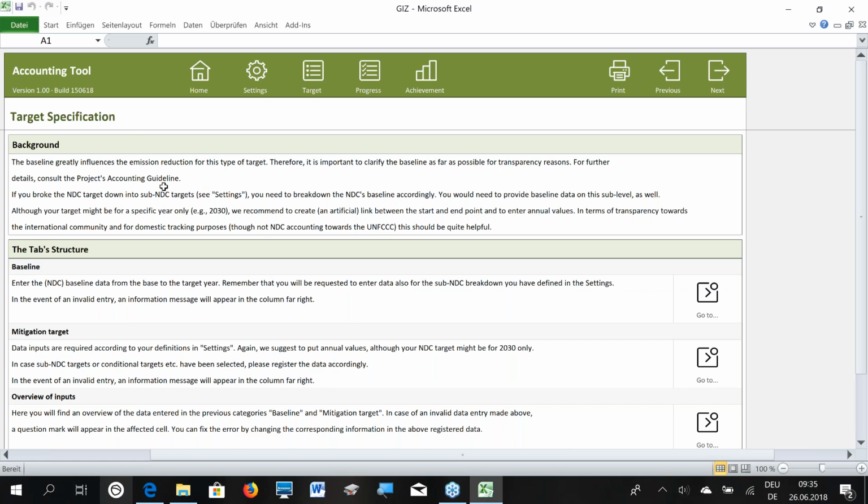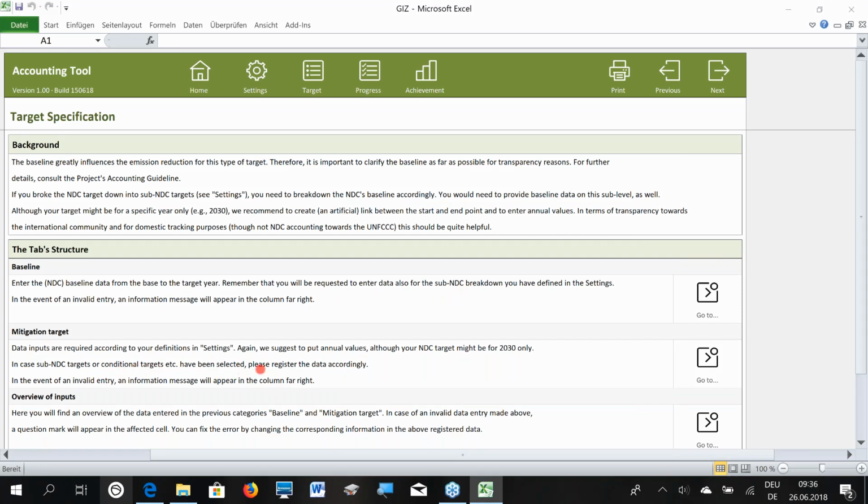And the structure of this sheet is that you can introduce baseline data. And here's just the hint that the baseline data would also have to be introduced on the same sectoral breakdown that you have defined in settings, logically, and the same applies for the mitigation target.